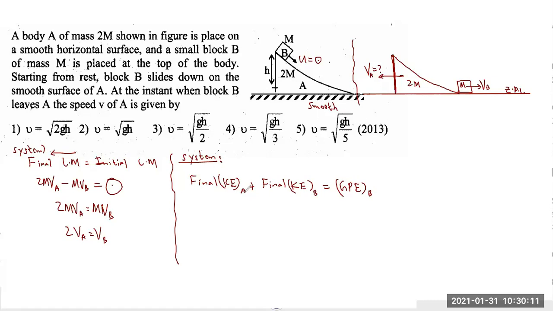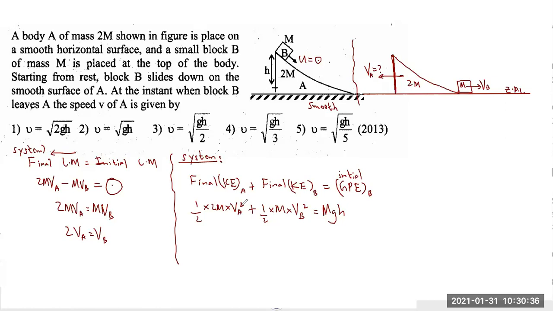Now, what is the final kinetic energy of A? That's going to be half into 2m into VA squared, plus final kinetic energy of B, that is half into m into VB squared. And the initial gravitational potential energy of B, what is that? That is going to be mgh. Fine.